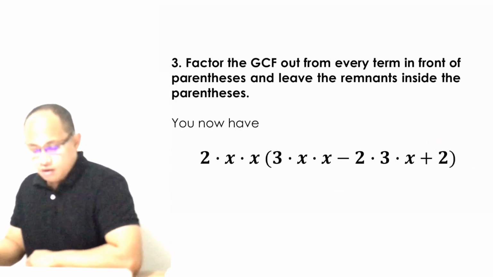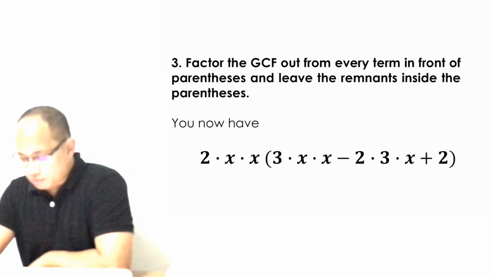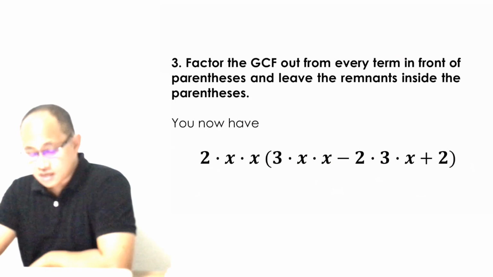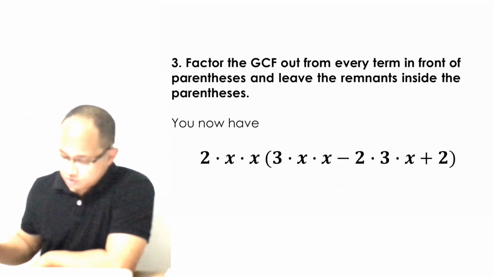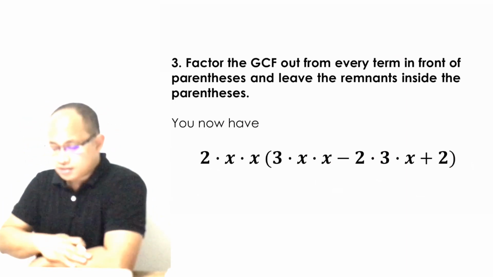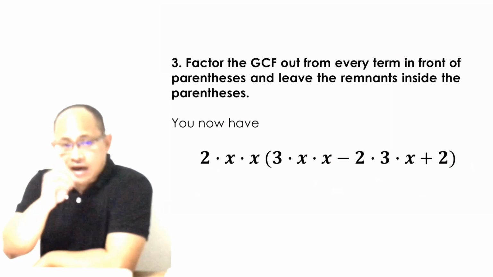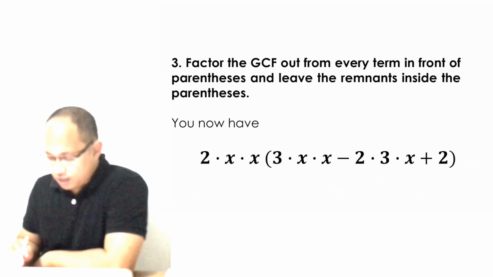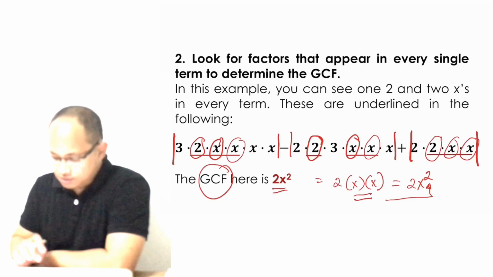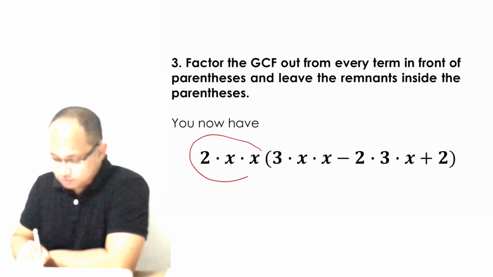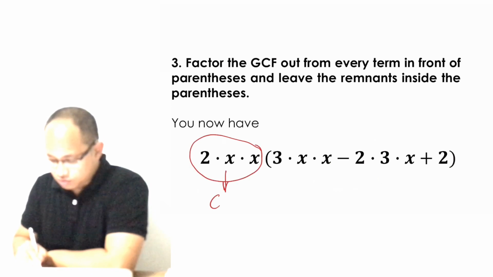Third step. Factor the GCF out from every term in front of the parentheses and leave the remnants inside the parentheses. Alright? So we're going to factor out the factors that we have in the previous slide. This is our GCF.